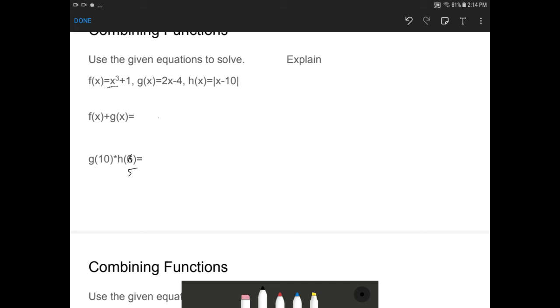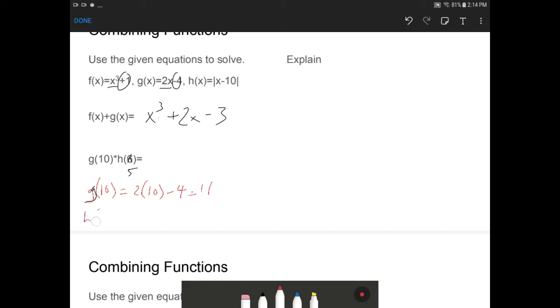So f of x, you have this, and g of x, you have this, and then they both have constant terms, -3. So g of 10 equals 2 times 10 minus 4. 20 minus 4 is 16.